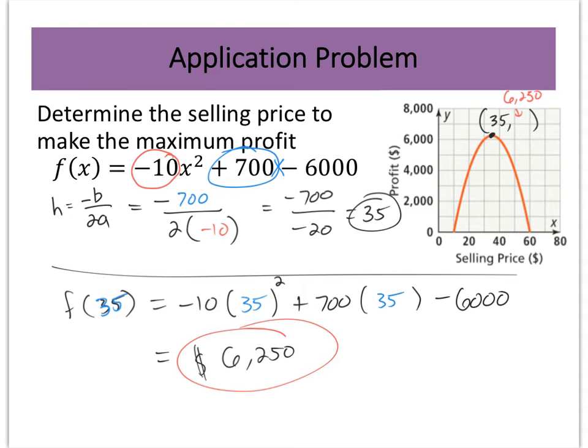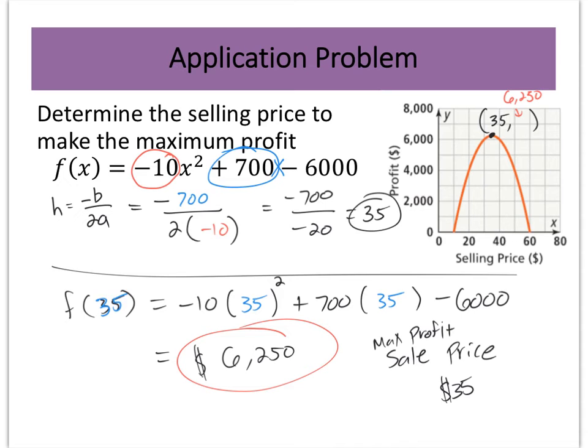They're going to make $6,250 by selling them at the sales price. The max profit sale price is $35. I know I went really quickly here, and you may want to pause and back up, but really consider where this 35 is coming from, why it represents the maximum selling price, and then how I got this 6,250.